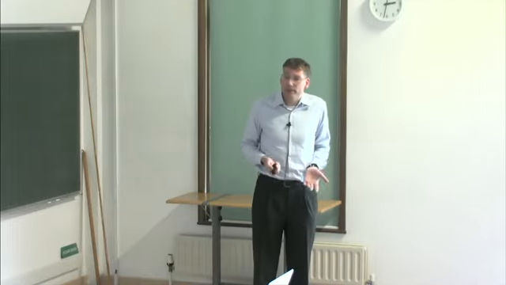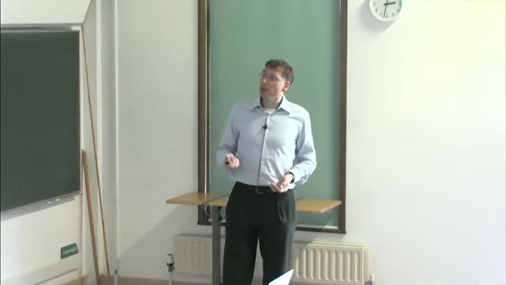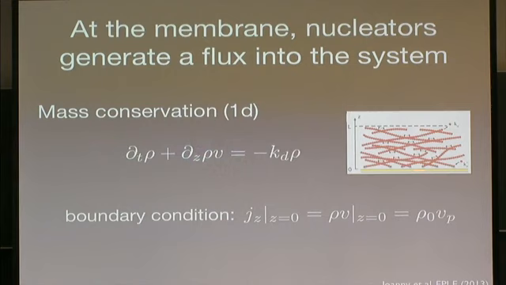Now obviously I also need a source term somewhere, otherwise I would just lose material and the state would be boring eventually. And this now comes into the boundary conditions, because I told you that filaments do not nucleate by themselves, but are generated through these nucleating factors.